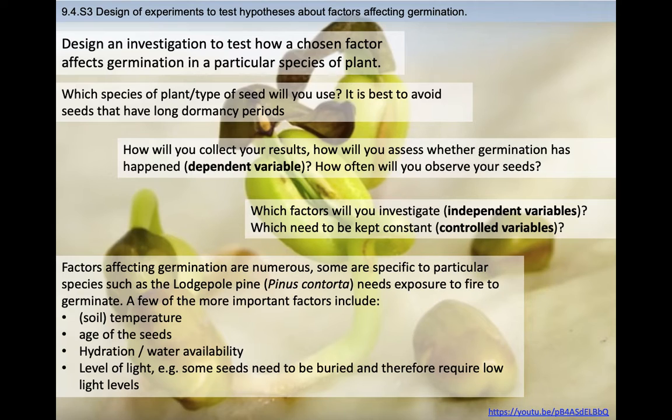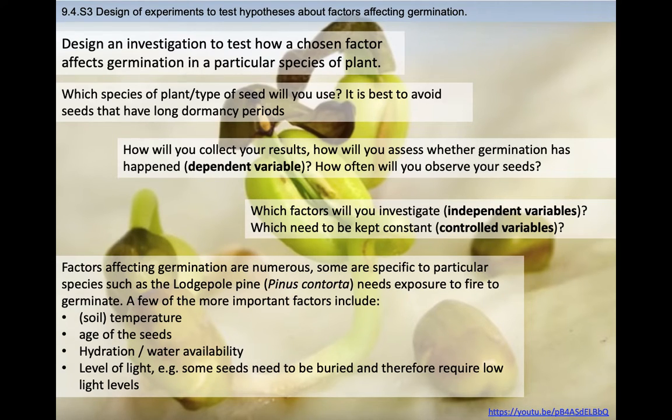You have to be able to potentially design an experiment to test how different factors affect germination. Remember, there are all those things that we talked about, like temperature, pH, oxygen availability, but also whether or not the environment is salty.